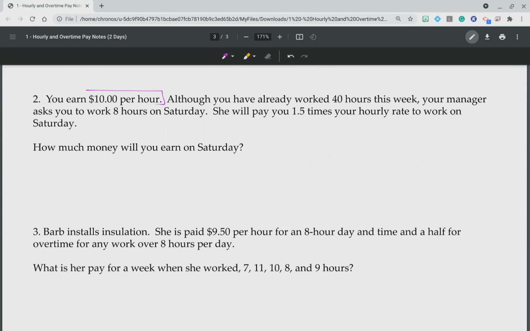So this $10 per hour, remember that's your straight time hourly rate. To find your overtime hourly rate, I need to multiply that by 1.5. So my overtime rate is $15.